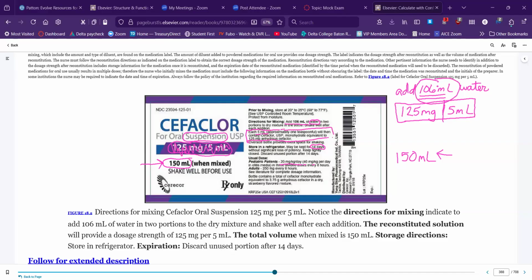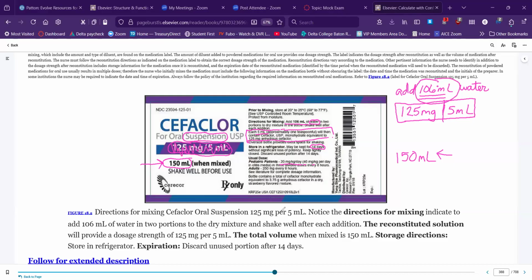And it told us, if we read right here, each 5 mLs or 1 teaspoon will contain 125 milligrams. So it's telling us that after we mix it, for every 5 mLs we would have 125 milligrams of the medicine. So it's not always going to be right here on the label. Sometimes we have to read what my concentration is going to be, or what my dosage is going to be after we mix it.